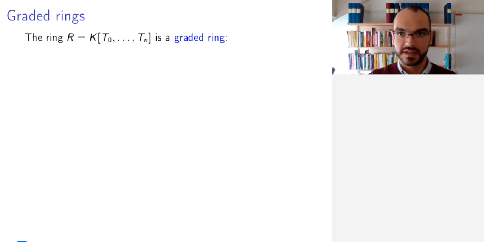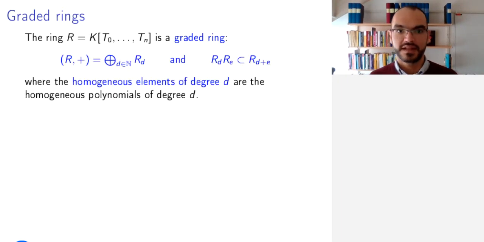A graded ring is a ring that, as an abelian group, is the direct sum of some parts R_d. So this is a direct sum of abelian groups with respect to the additive structure of the ring.